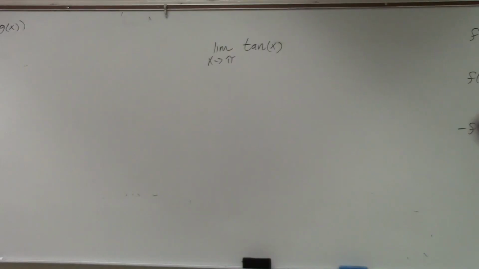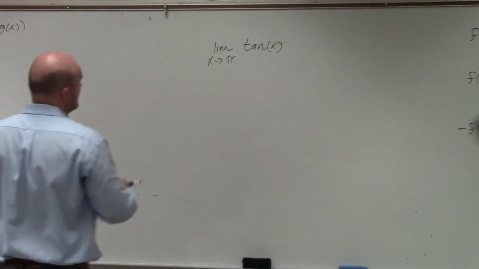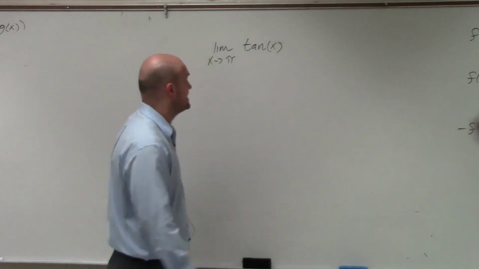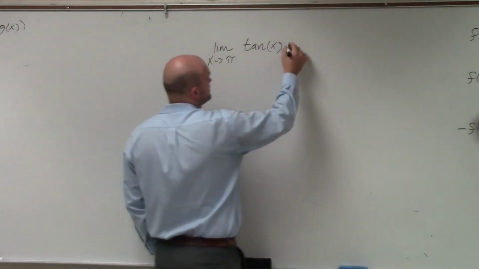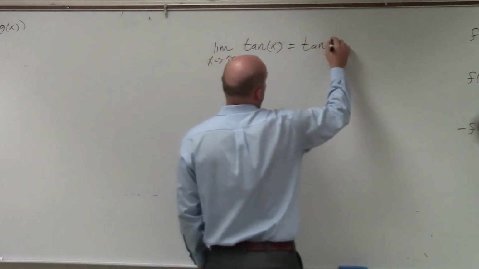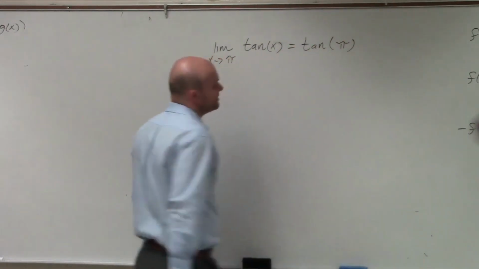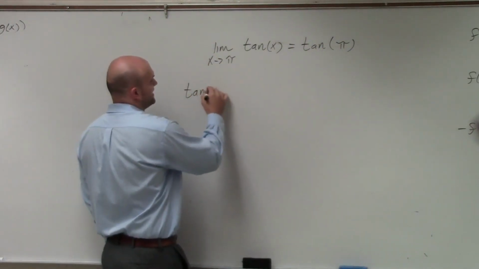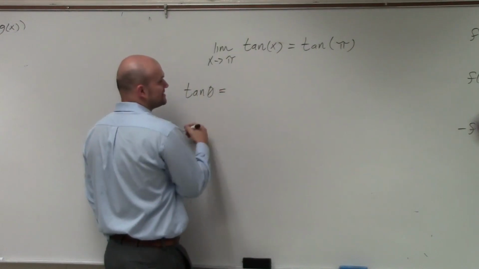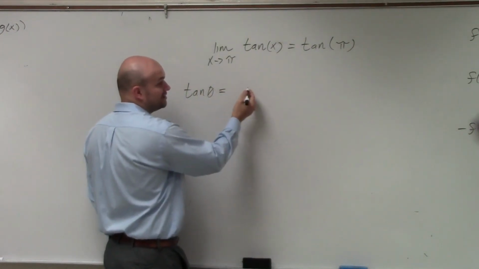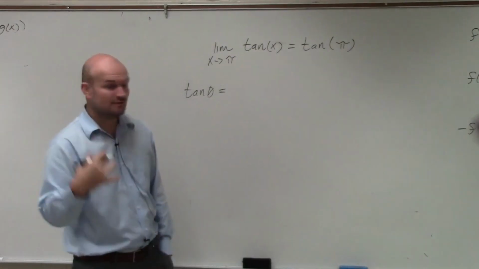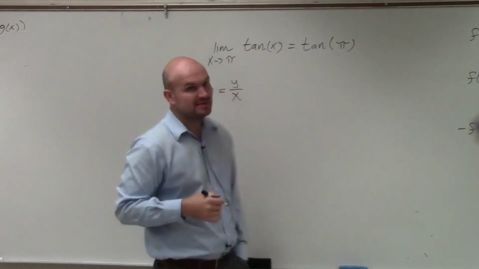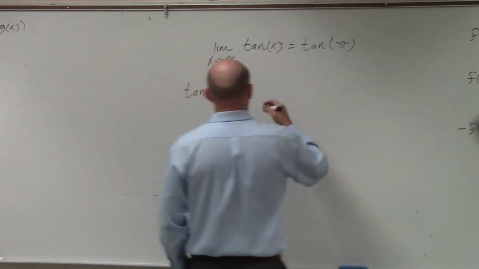Basically on this one, guys, it's evaluating the limit as x approaches pi of tangent of x. So again, we can just apply direct substitution. Therefore, I now need to identify the tangent of pi. Remember that the tangent of any angle, when looking at a triangle, is opposite over adjacent. But when we're looking at the unit circle for coordinate points, it's the y coordinate over the x coordinate.